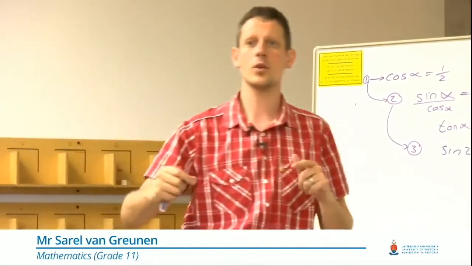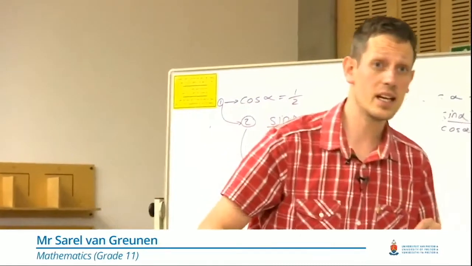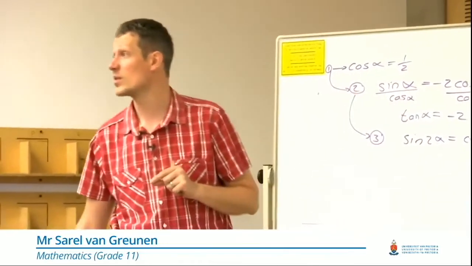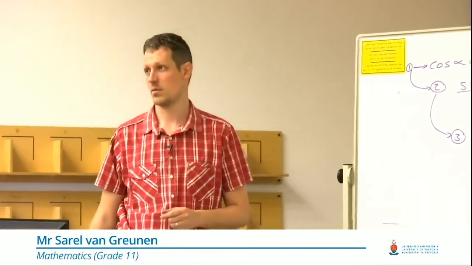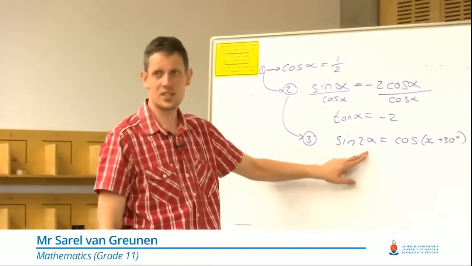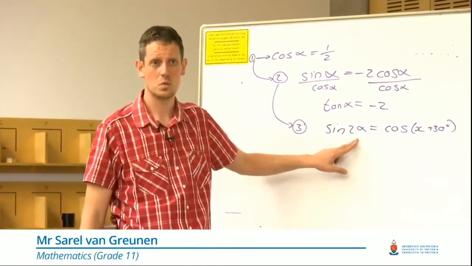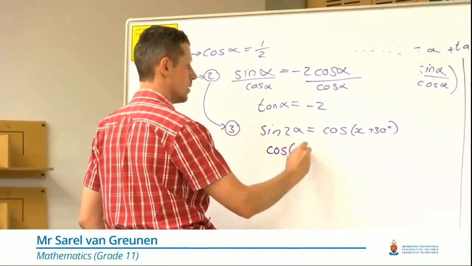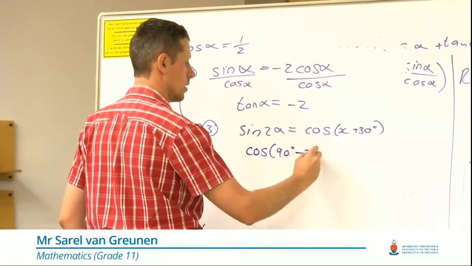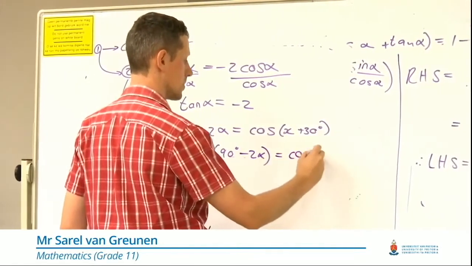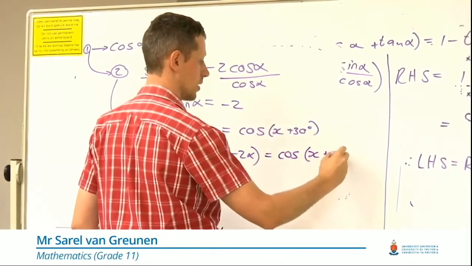Quite a few of you. In that case, please use cos, because cos is simpler. Most of you have done reference angles, right? Then it doesn't matter. Change the simplest one. Now, in this case, the sine is simpler to change. Because I can then simply make this cos 90 degrees minus 2 alpha equal to cos x plus 30.